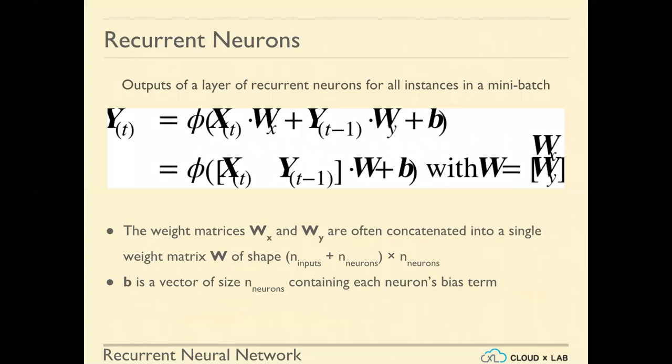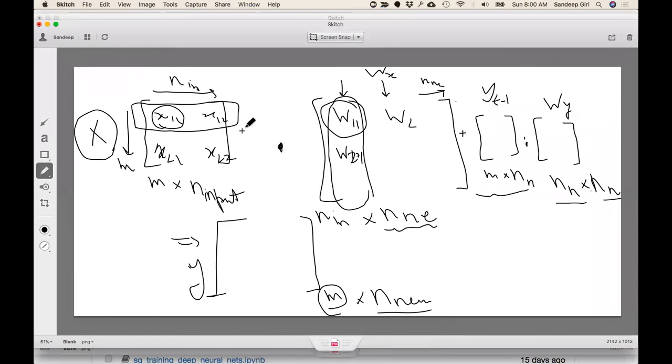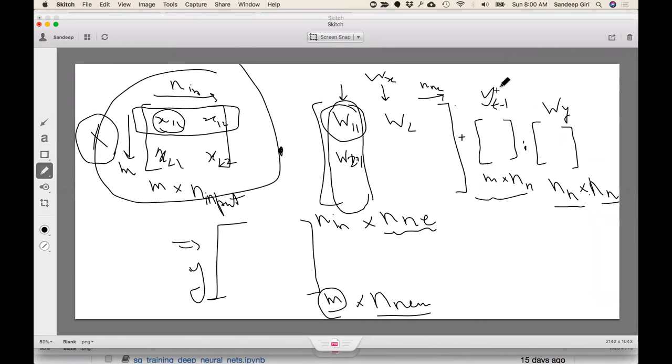The weight matrices Wx and Wy are often concatenated into a single weight matrix of the shape n of inputs plus number of neurons by number of neurons. So essentially, with Wx and Wy, the way it is done, we are multiplying this with W and so on.